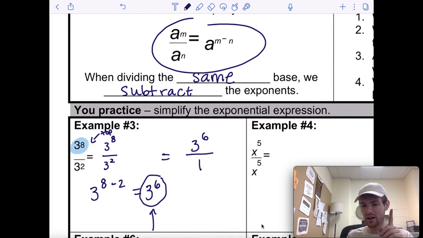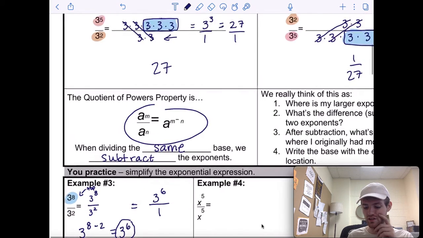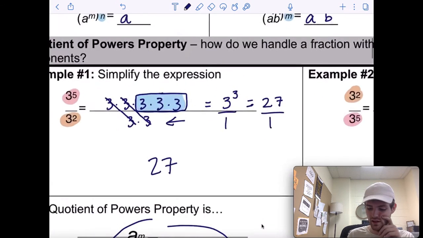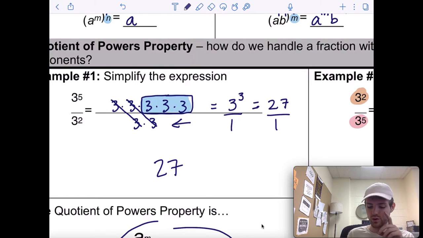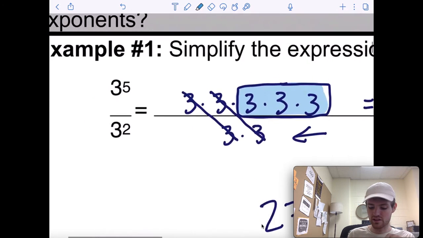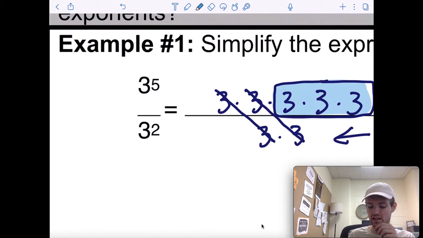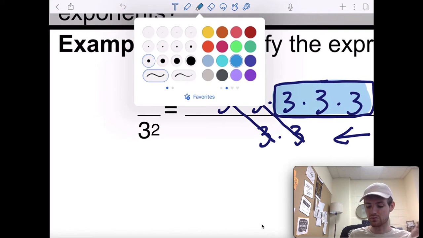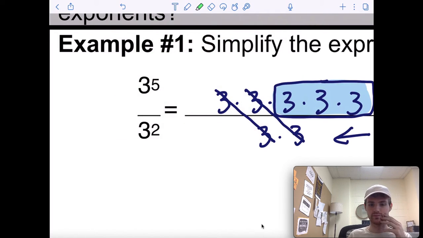Let me zoom back out to examples 1 and 2 to show you this again. When we look at 3 to the 5th and 3 to the 2nd, which one of those two numbers is bigger, 5 or 2? Well, 5 is bigger than 2.